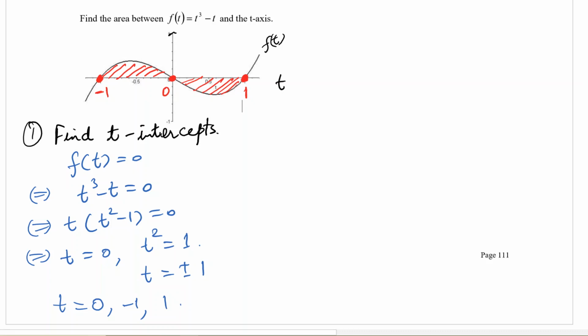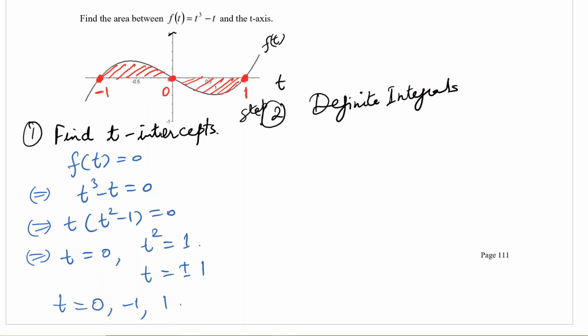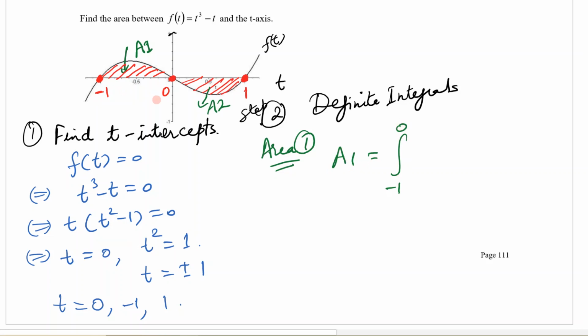Now the second step is we set up our definite integrals. Let's call this area 1 and this area 2, and in the end we can just add both areas together. For area 1, A1 is given by the integral from -1 to 0 of t^3 - t dt.